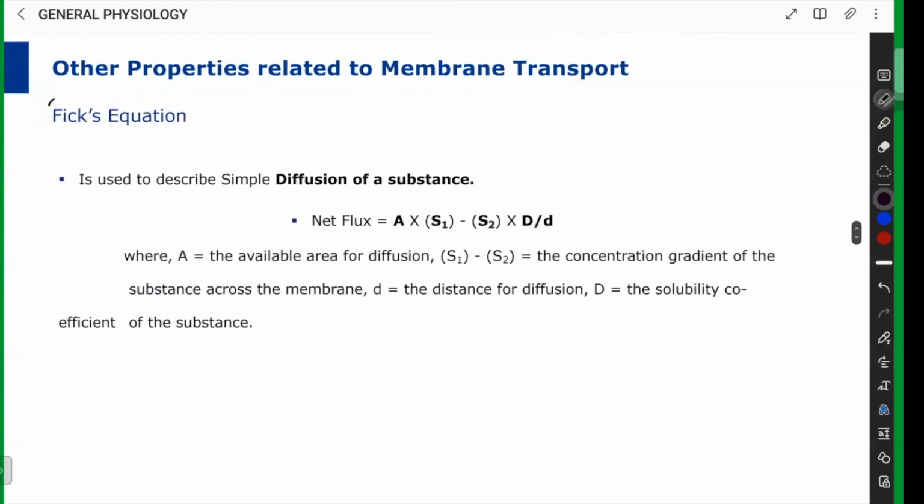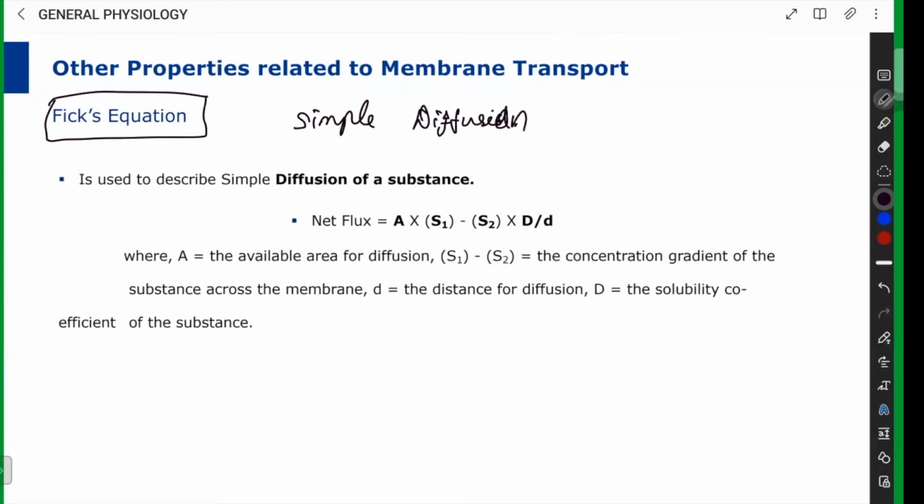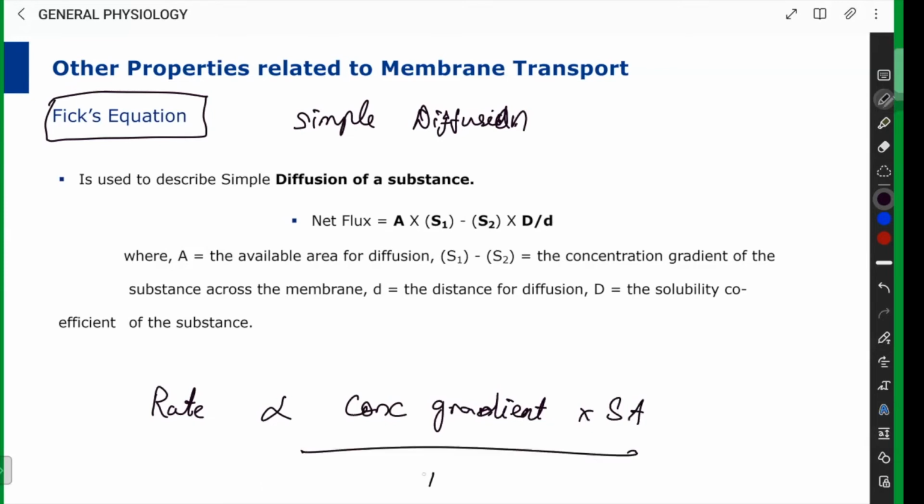Simple diffusion is going to be governed by Fick's law. What does Fick's law say? Rate of diffusion is directly proportional to the concentration gradient times the surface area of the membrane, divided by the thickness of the membrane, times the diffusion coefficient.